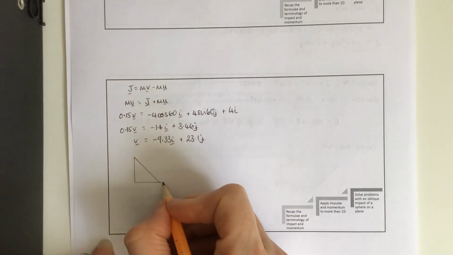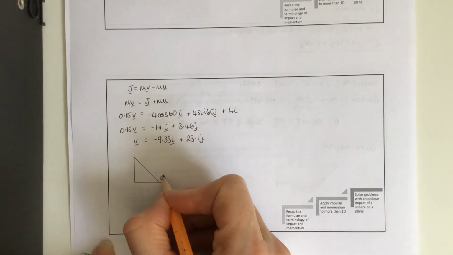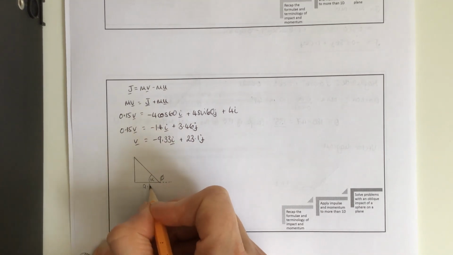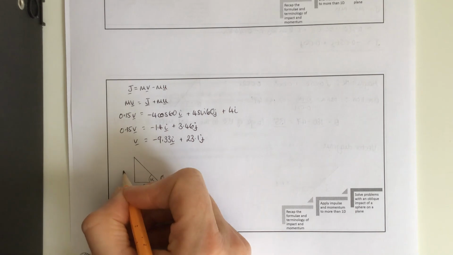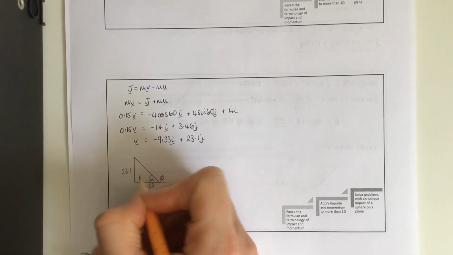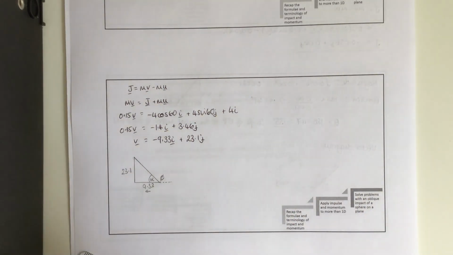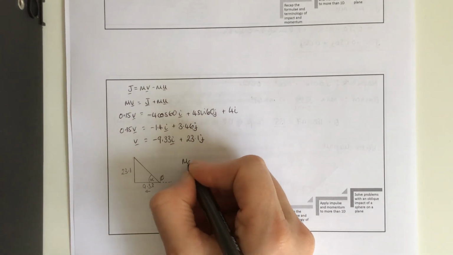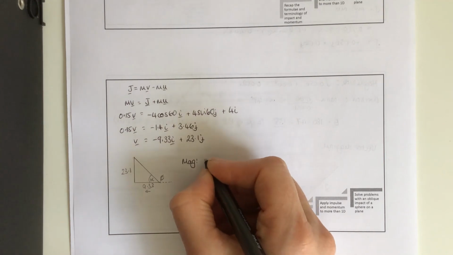We can keep that going there. That was our phi. Let's call that one alpha. So we had 9.33 in that direction. We had 23.1 going up. So we can use that now to find the magnitude and the direction of the velocity. So let's find the magnitude.